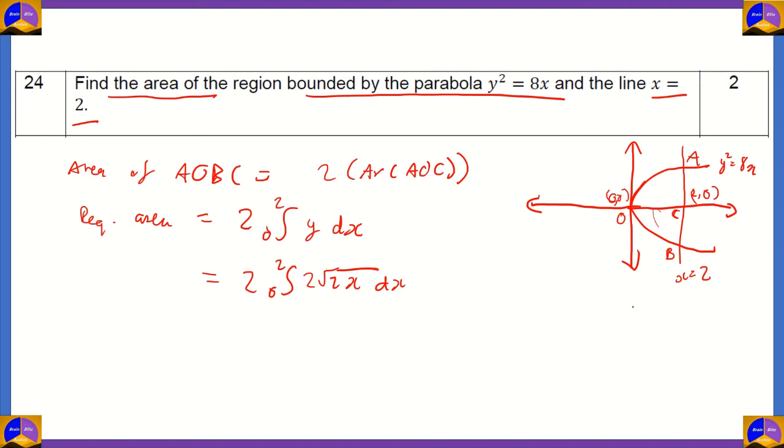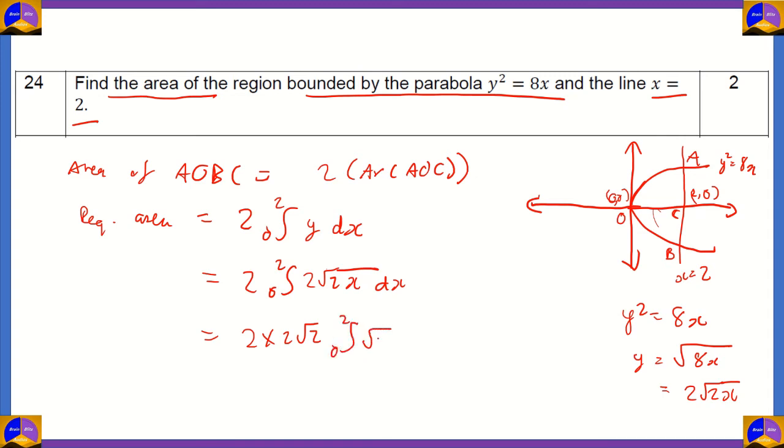The reason is when you take y squared equals 8x, then y becomes the root of 8x. Root 8 is 2 root 2, so 2 root 2x. Now we can take 2 root 2 outside, so 2 times 2 root 2 into the integral from 0 to 2 of root x dx.